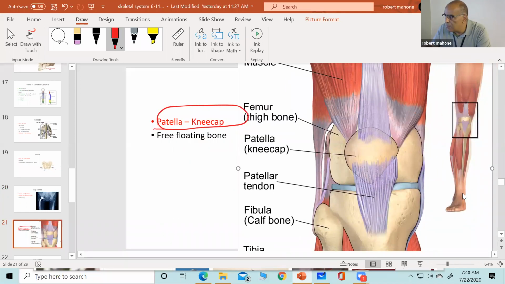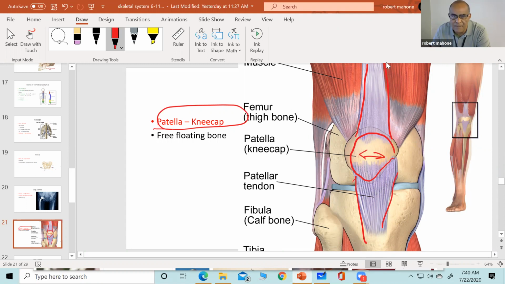You have your patella, and then cartilage that attaches it up here and down there. As a result, the kneecap can be moved side to side like that because it's only attached at the top and bottom. So if you relax your leg, you can reach down there and you can move your kneecap side to side.